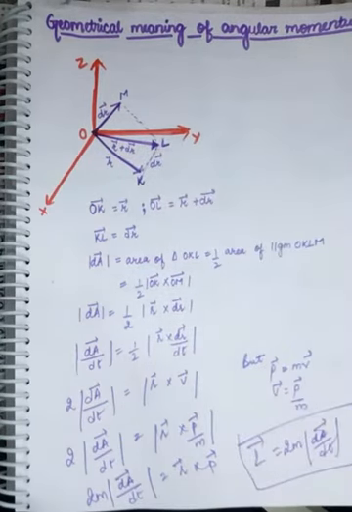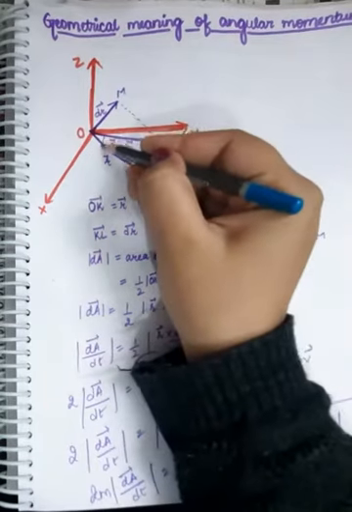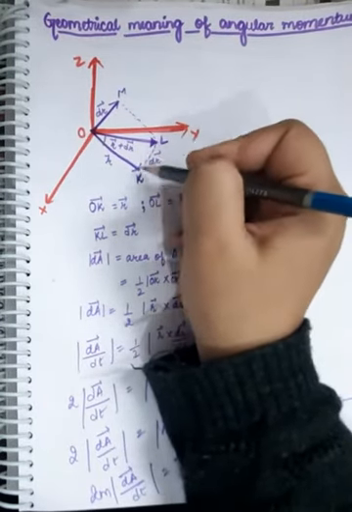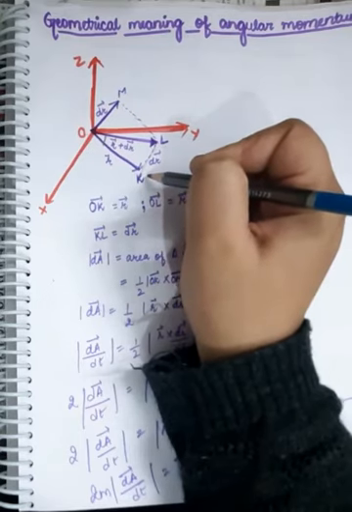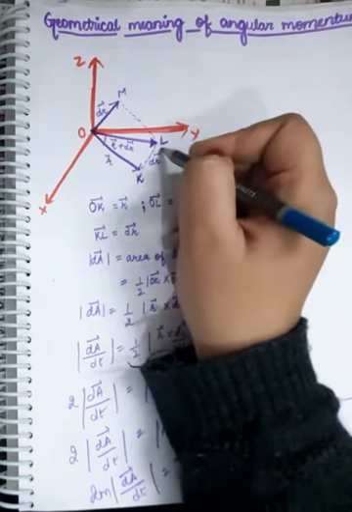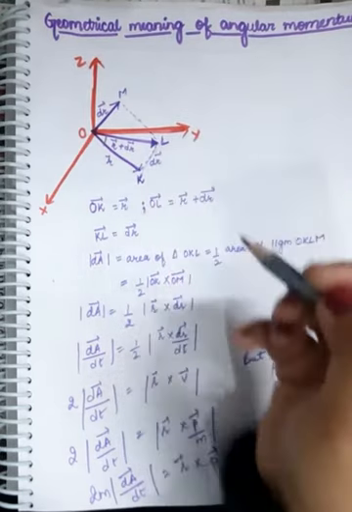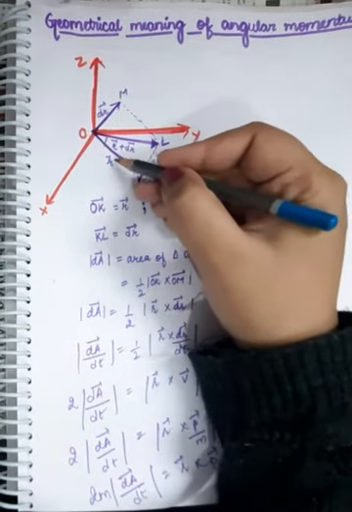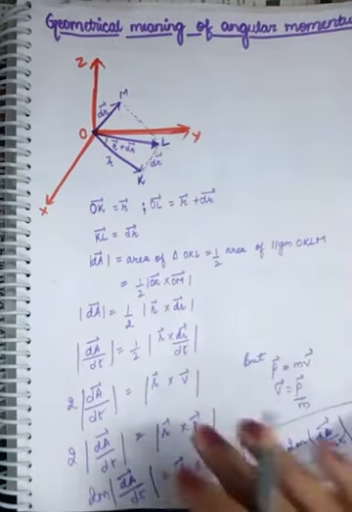If you want to find out the area which has been swept by the position vector when the body underwent rotation from K to L, let's find that out.